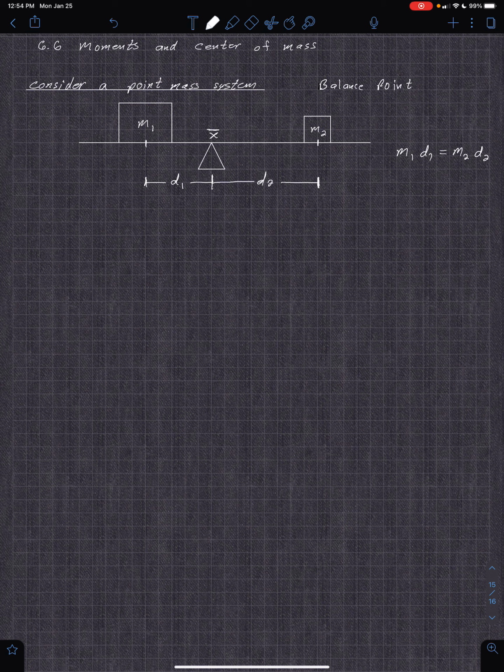So let's suppose, as I was describing, x bar is the center of mass of M1 and M2. Then what we do is we can basically solve for x bar.